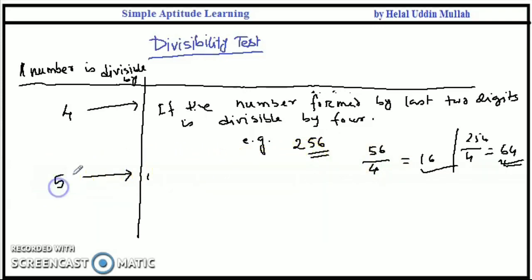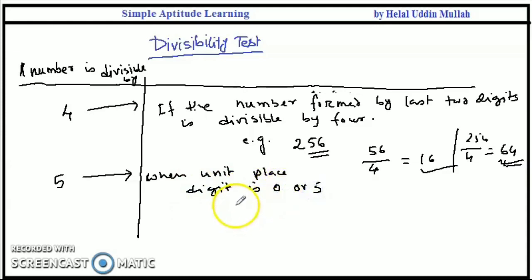For divisibility by 5, it is stated that if the unit place digit is 0 or 5, then the number will be divisible by 5.